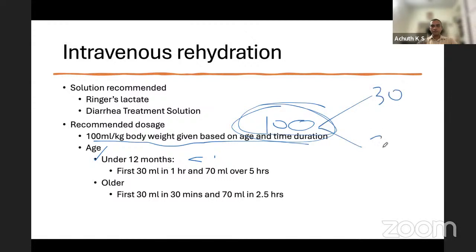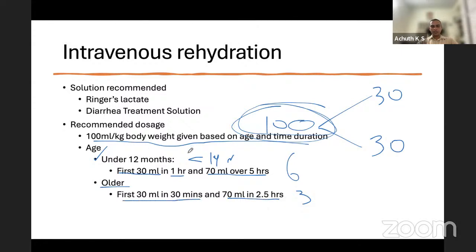The first 30 ml in less than 1 year is given in 1 hour, and the remaining 70 ml in 5 hours. Okay, it is total 6 hours. And for the older child, you give the first 30 ml in 30 minutes and 70 ml in 2.5 hours, total 3 hours.